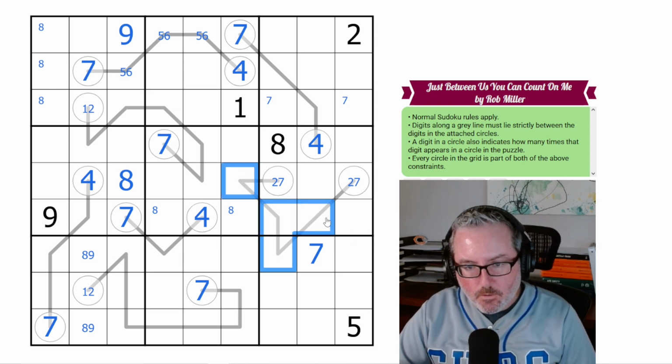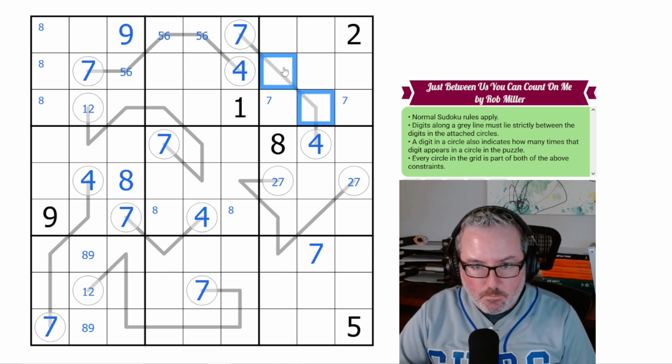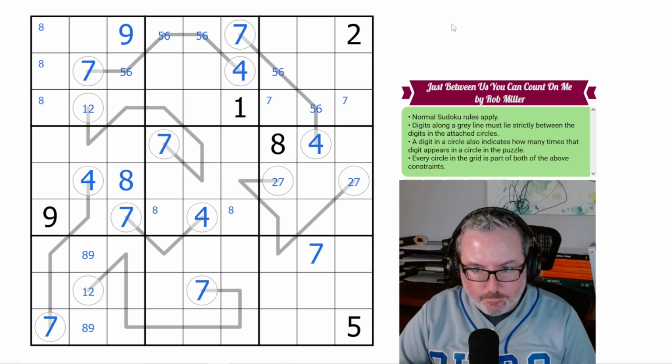Because that does leave open quite a few things that we could put in them: 3, 4, 5, and 6. And I don't know that I'm prepared to do that just yet. I guess what we can say is these are a 5-6 pair, because they have to be between 4 and 7, and they are both in the same region. That creates a 5-6 pair here to go with our 5-6 pair here.